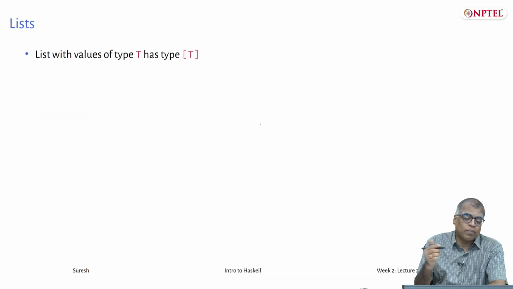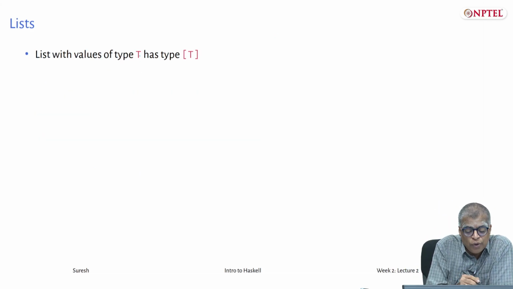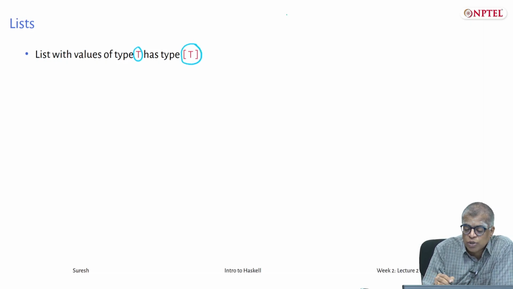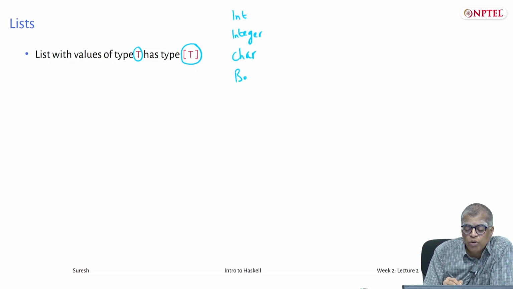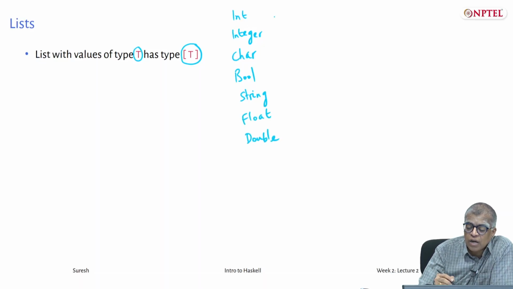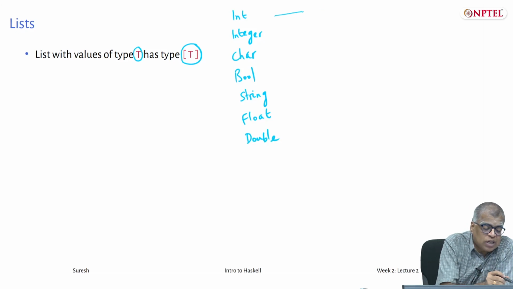Now if you have type T, then you have a new type which is list of elements of type T. We have already seen a few types: int, integer, char, bool, string, float, double, etc. Corresponding to each, there is a list type.